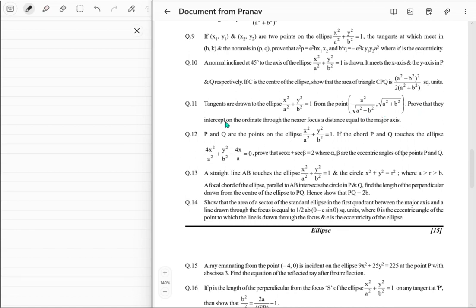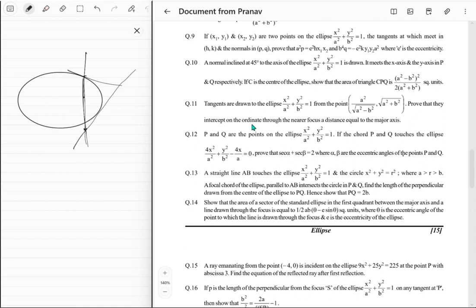You prove that the tangents intercept on the ordinate through the nearer focus at a distance equal to the major axis. So like this, huh? You got this as the tangent and this as the tangent. You just want to figure out, okay, wherever these will intersect, what's the distance basically, right?